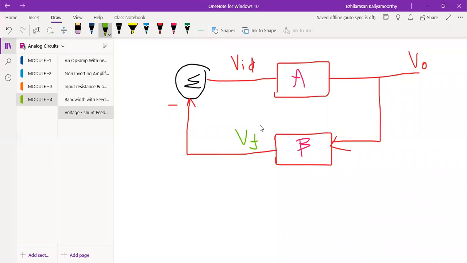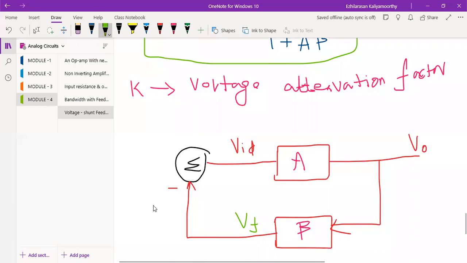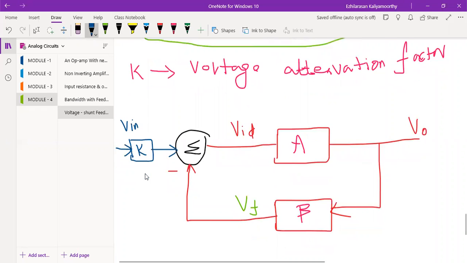The feedback circuit. Now you see in the input, AF is equal to my K, right? So I will get additionally here a factor K. Then this will be your V in.